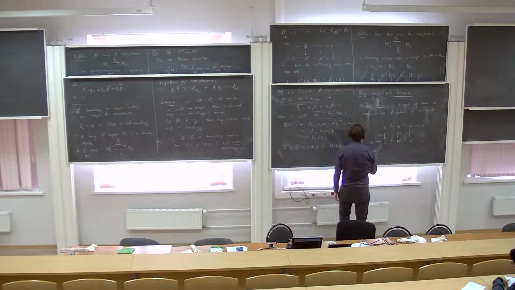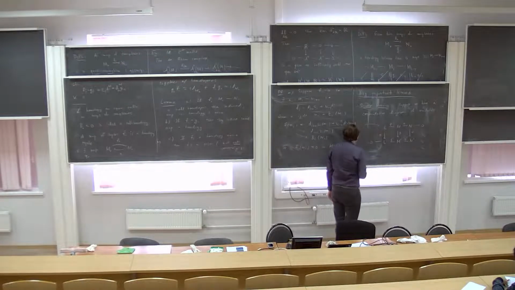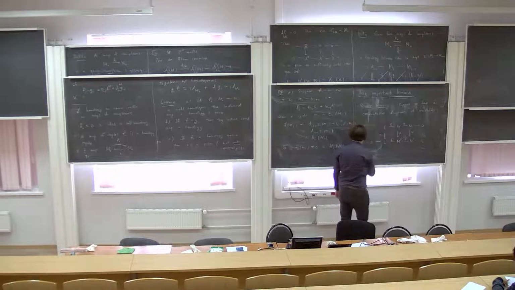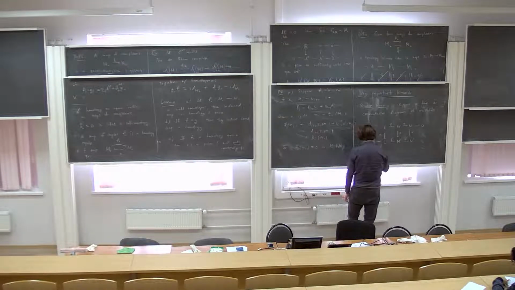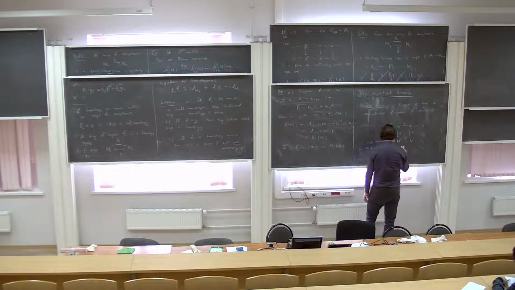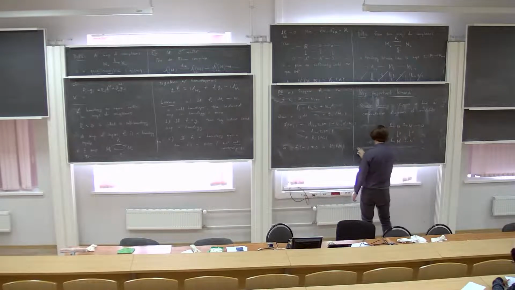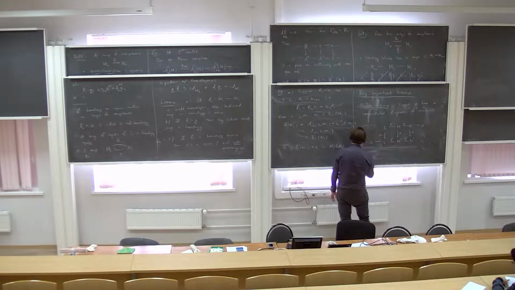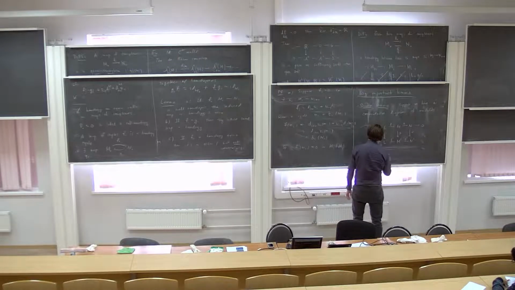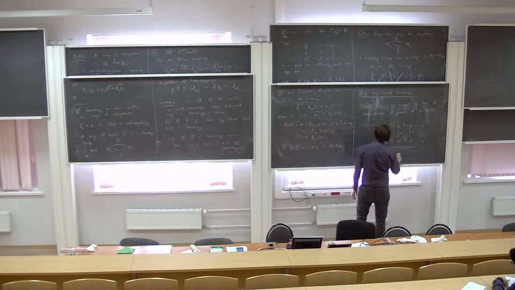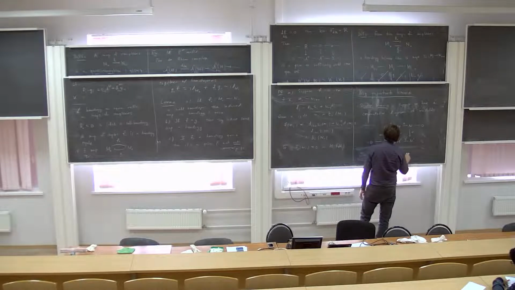So, if I have a commutative diagram of modules and maps between them, in which the top row is right exact, and the bottom row is left exact.